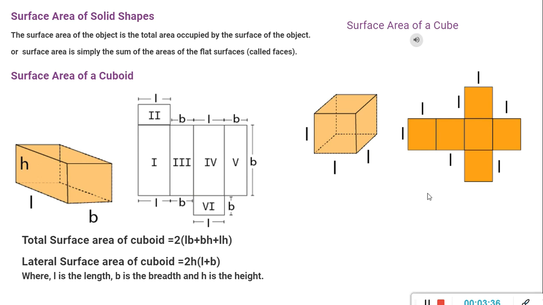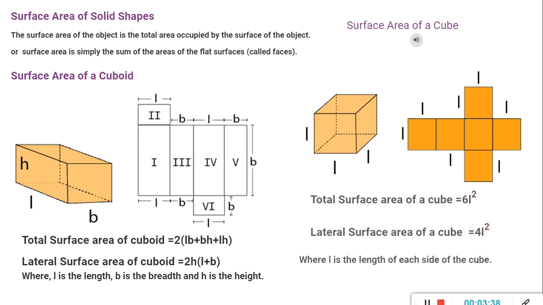So 6 L square, or 6 A square. 6 into one side's area. So that is equal to 6 L square. Same way, lateral surface area. Means up and down will not be taken. Remaining 4 lateral faces. So that will be 4L square. So the total surface area of a cube is 6L square, or the lateral surface area of a cube is 4L square.